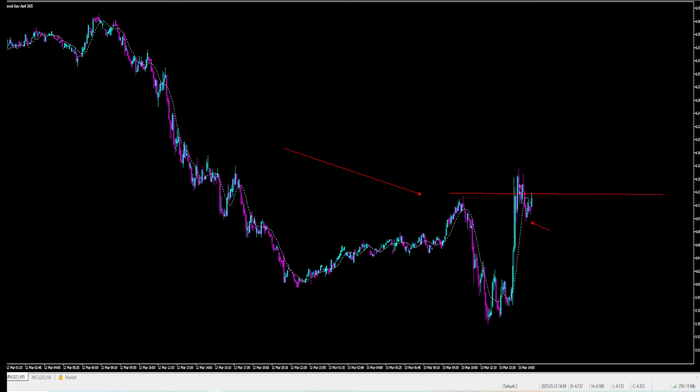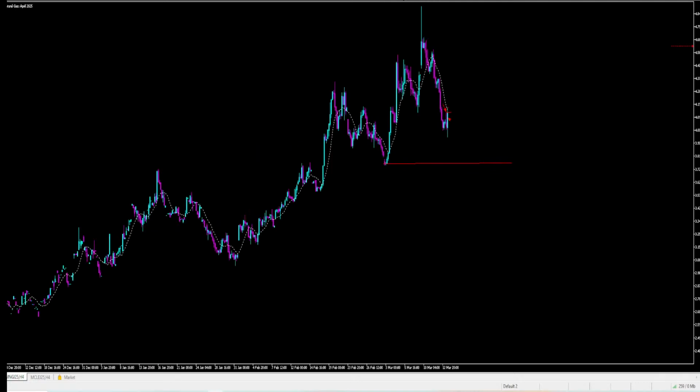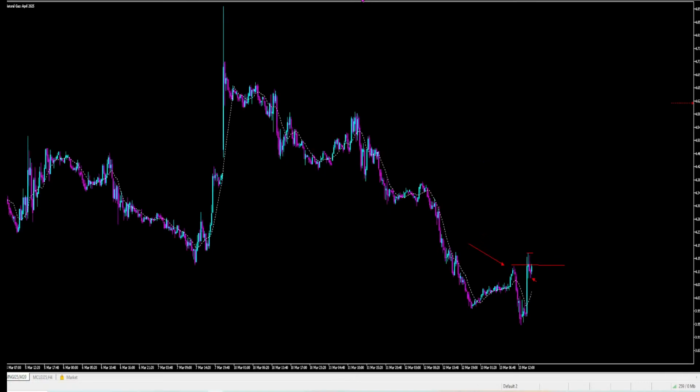But if this is able to come up here and clear this area right here, then that might signal at least a short-term change in direction to go up. So really between this low and this high is the key right now on natural gas.